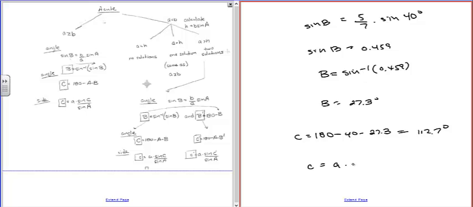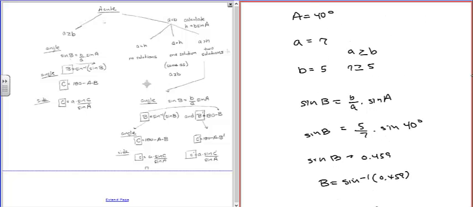It's the length of side A times the sine of C over the sine of A. The length of side A was given up here as 7.